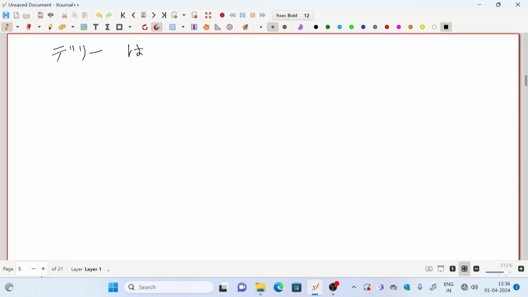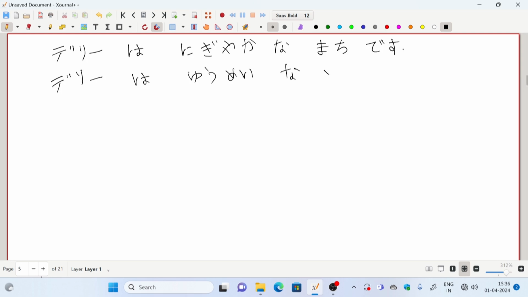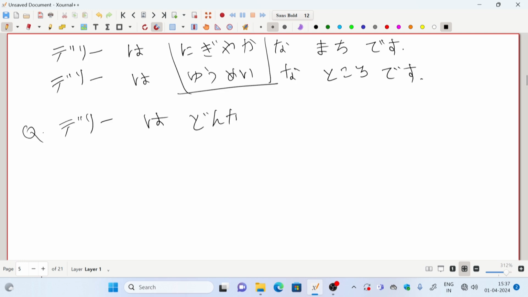デリはにぎやかな町です。デリは有名なところです。To know about it, デリは and ask about the character, どんな町ですか？どんな is what kind of.